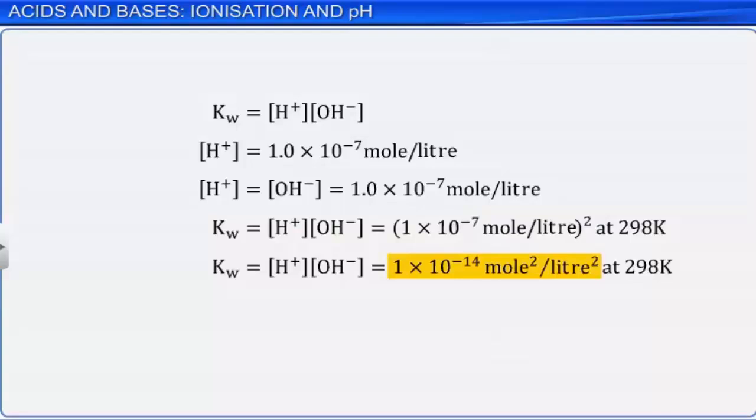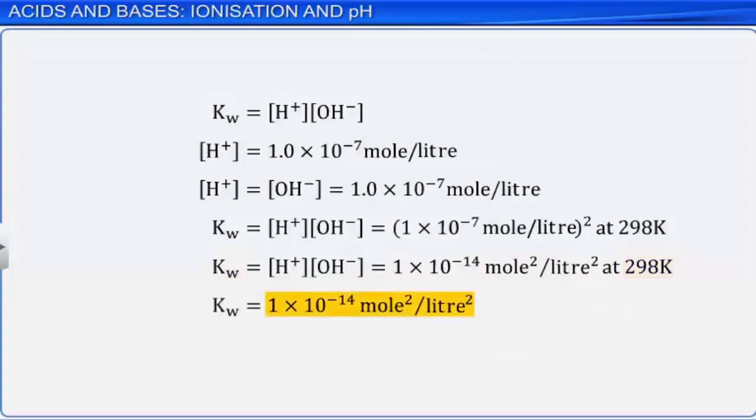This is equal to 1 × 10^-14. Hence, the value of the ionic product of water at 298 Kelvin is equal to 1 × 10^-14 mol²/L². It must be remembered that Kw, being the equilibrium constant, depends on temperature.